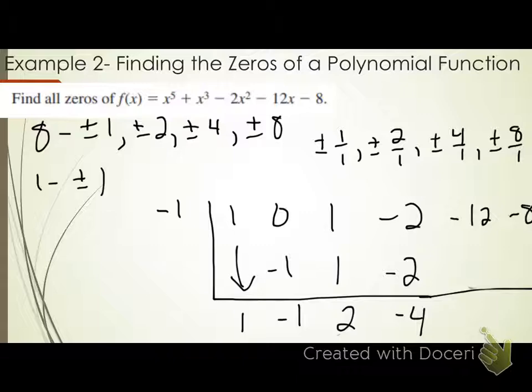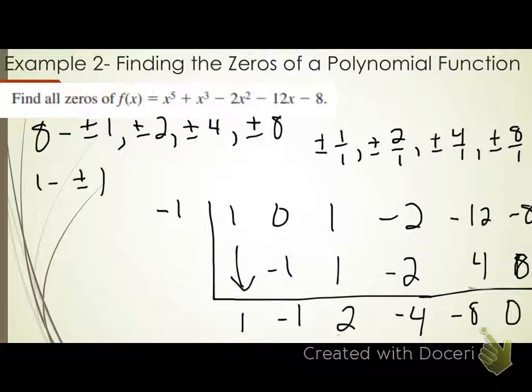Negative 1 times negative 4 gives me 4. Negative 12 plus 4 is negative 8. Negative 1 times negative 8 is 8. And looky there. Negative 8 plus 8 is 0. So negative 1 is a factor of x to the 5th plus x cubed minus 2x squared minus 12x minus 8. So I found one of my solutions, one of my zeros of my function. It's negative 1.